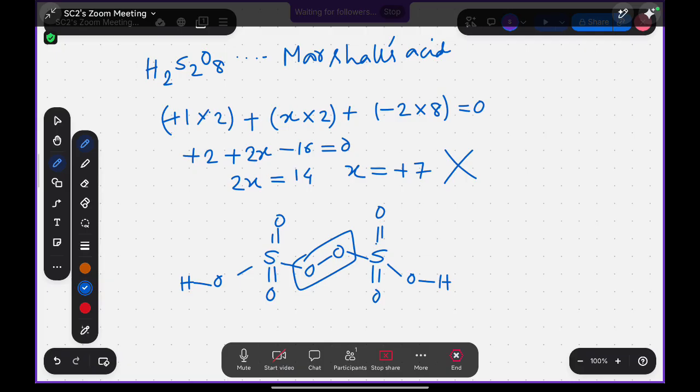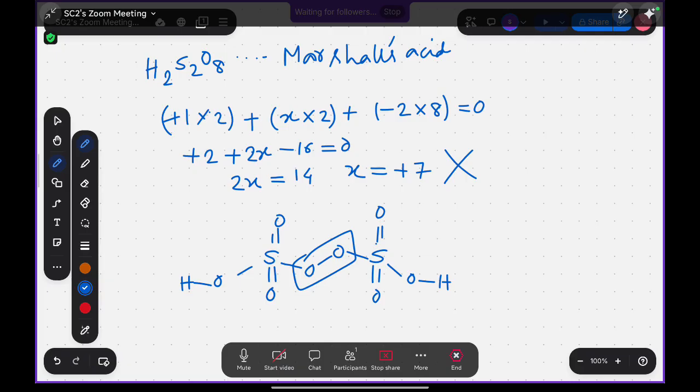Whether it is peroxo oxygen or superoxo oxygen or oxide oxygen, doesn't matter. Oxygen is always bivalent. It will always have 2 bonds with it. Either it will form double bond, or if it forms single bond, then 2 single bonds on 2 sides. It must have 2 bonds. Every oxygen will have 2 bonds.